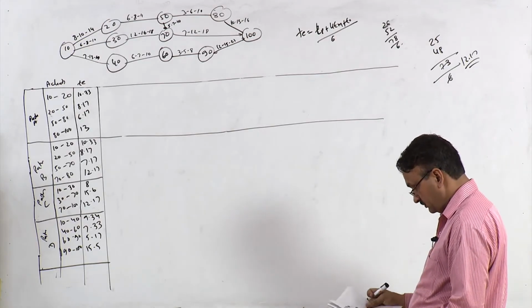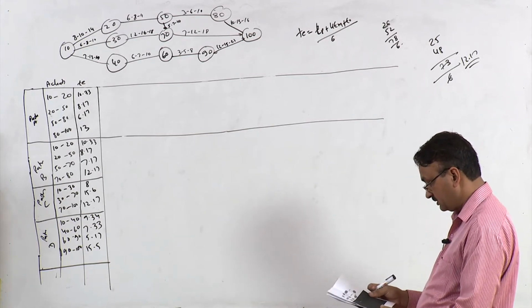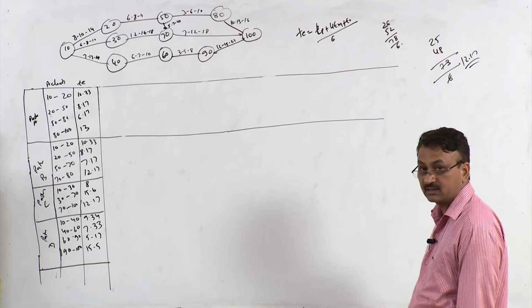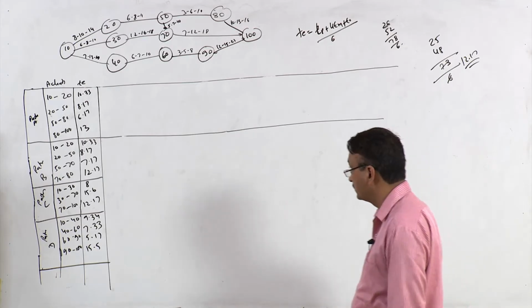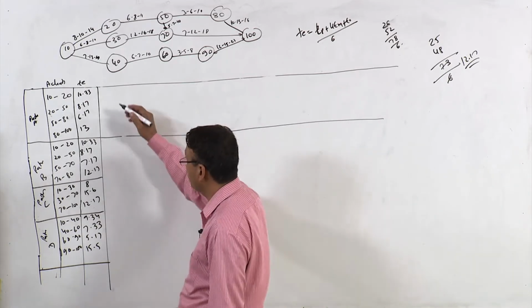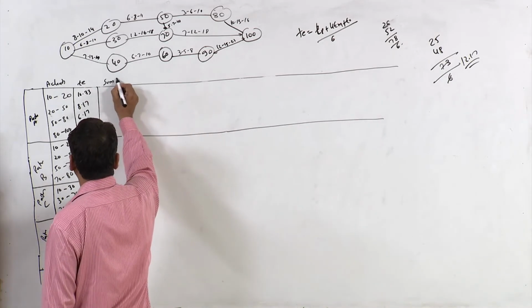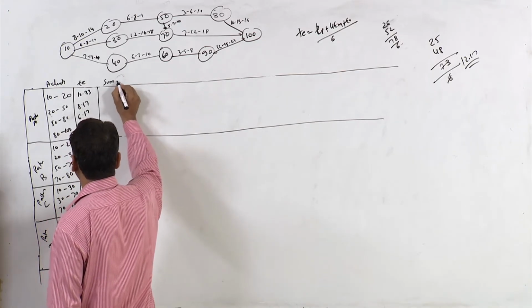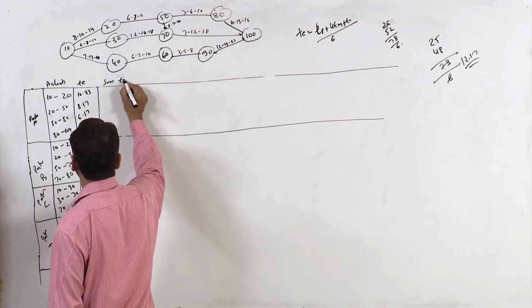Now you need to find out which path is the critical path. For that, you just sum up all TEs along each path, right.